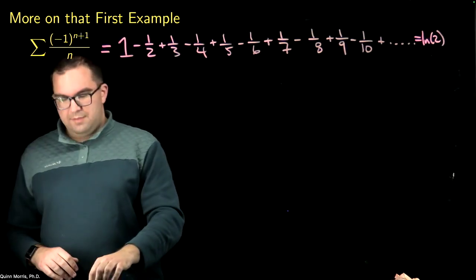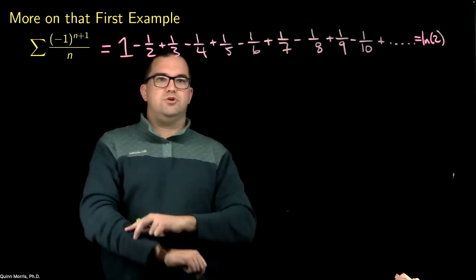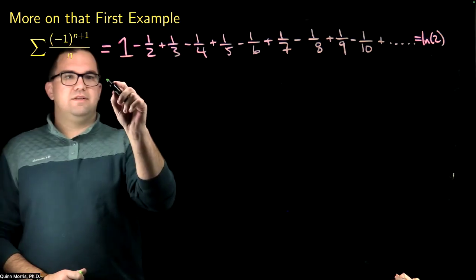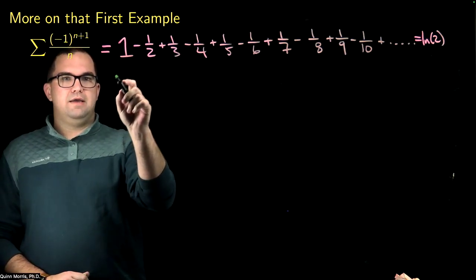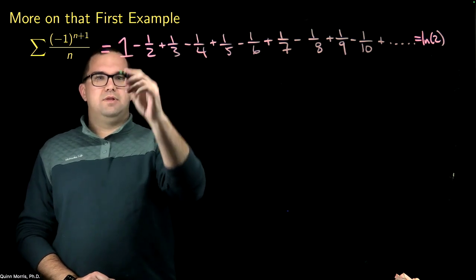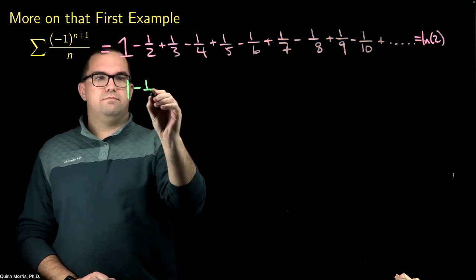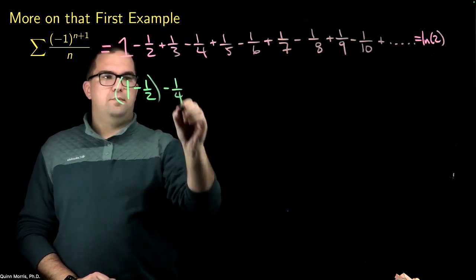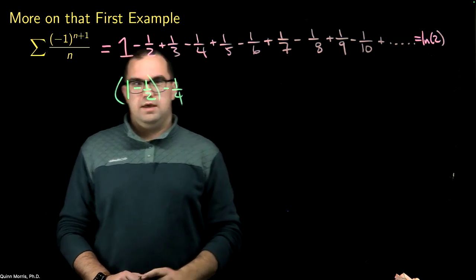So you think, great, no problem. All right. Well, let me start rearranging the terms in this sum. Okay. So I'm going to do this in a very particular way. I'm going to leave these first two alone. Then I'm going to move this 1/4 up. Okay.